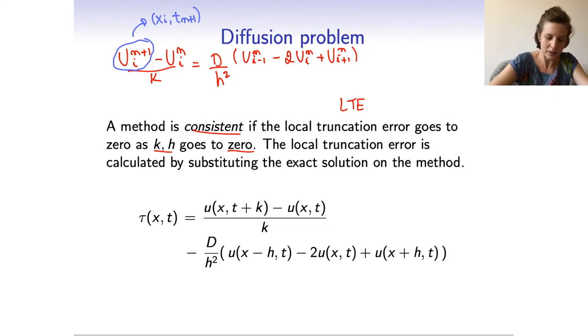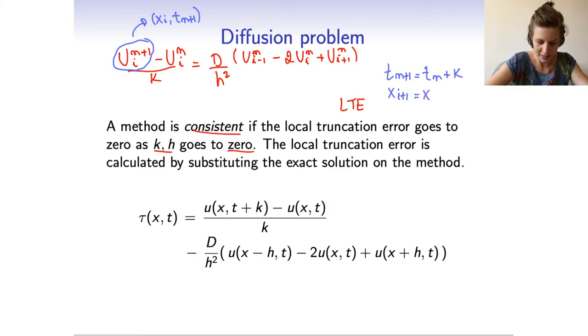And remember that tn plus 1 is tn plus k, okay? And xi plus 1 is xi plus h, okay? So it's just the point xi plus the mesh size.